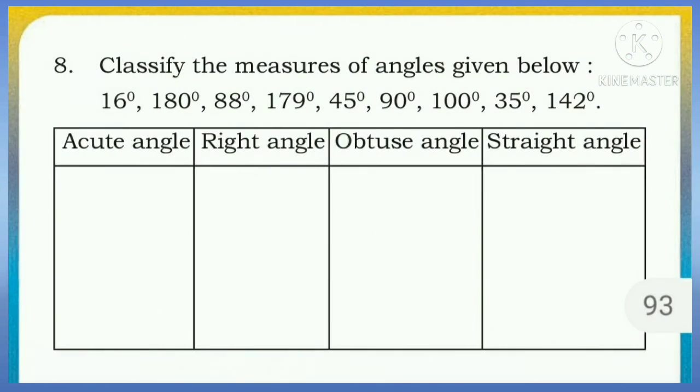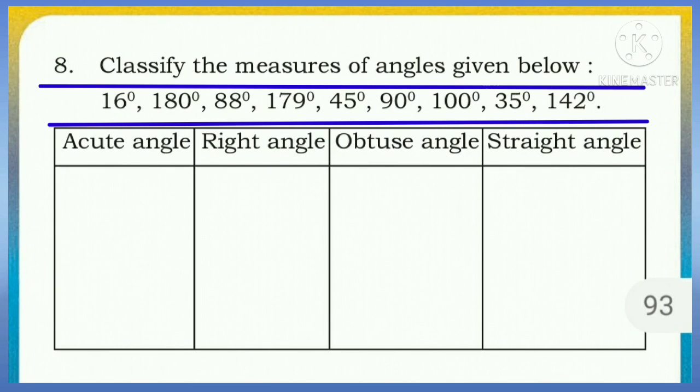Eighth question. Classify the measures of angles given below: 16 degree, 180 degree, 88 degree, 179 degree, 45 degree, 90 degree, 100 degree, 35 degree, 142 degree. So they have given some degrees here.